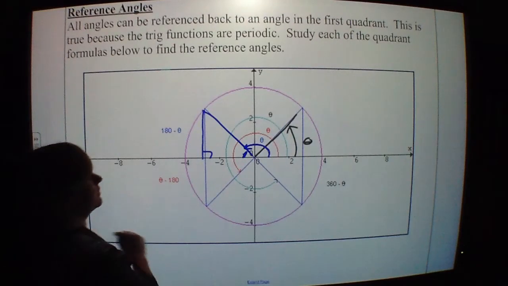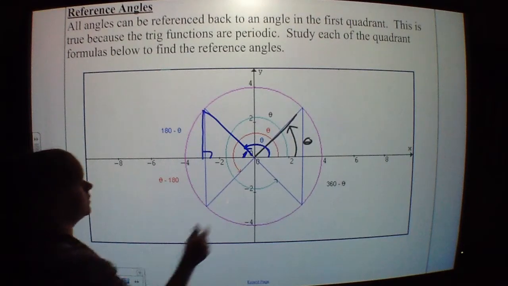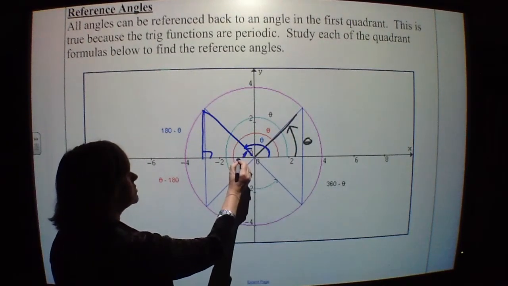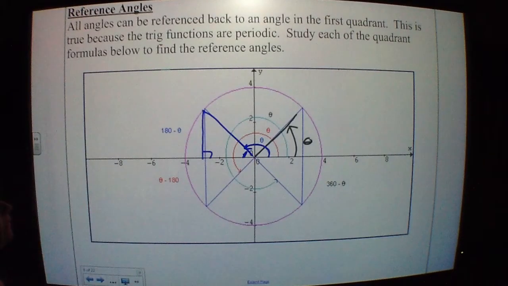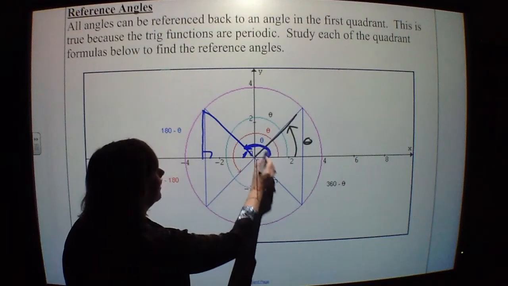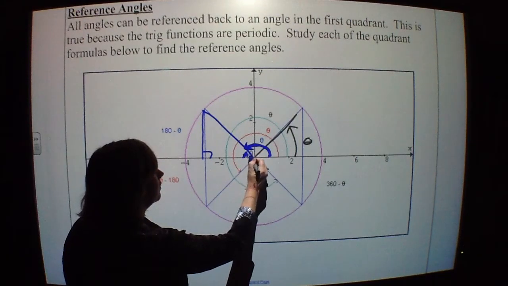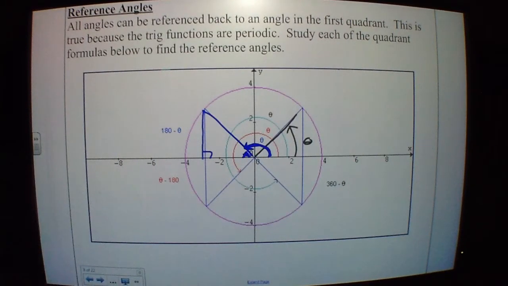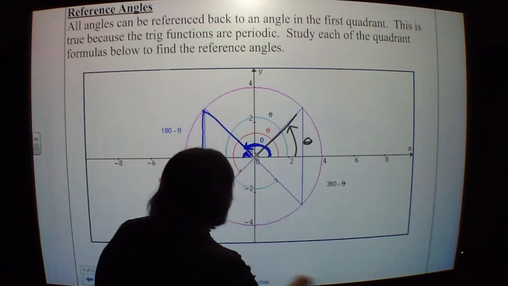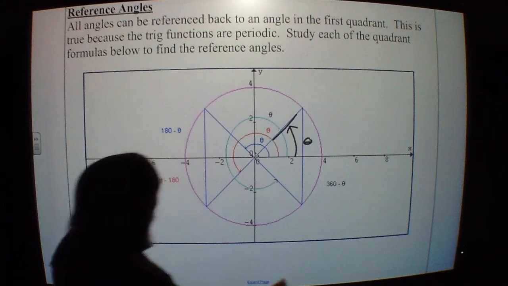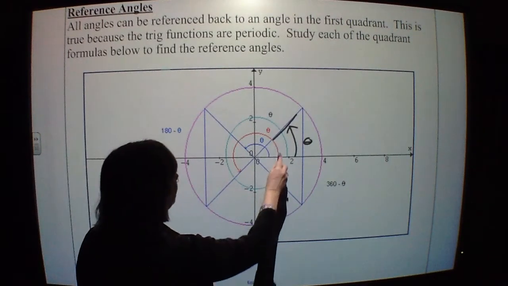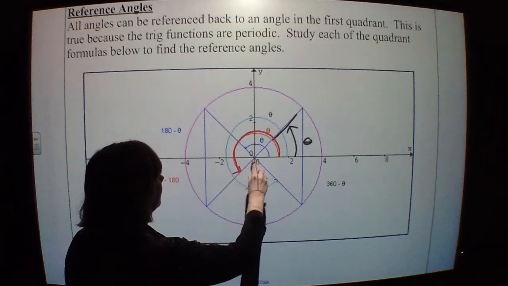So the reference angle in the second quadrant would be 180 puts you right here, minus this theta here gives you the reference angle right there. Okay? If I'm in the third quadrant, so let me pick one in the third quadrant. So I might go all the way around here.